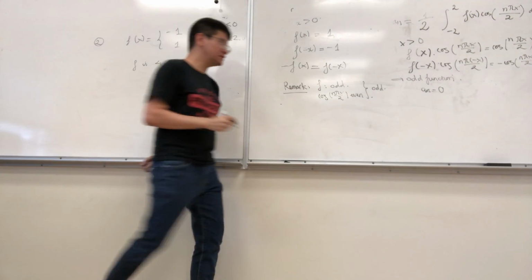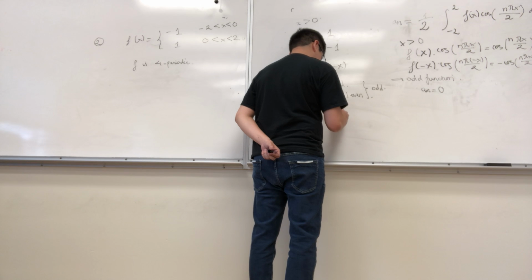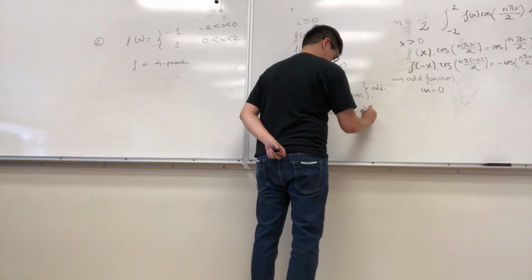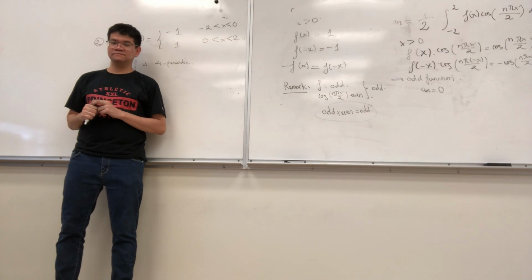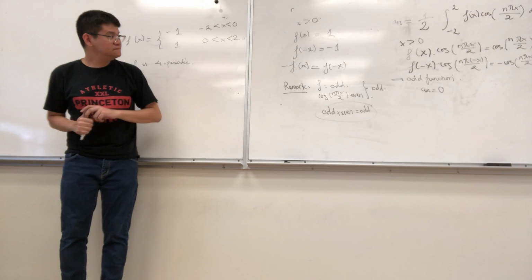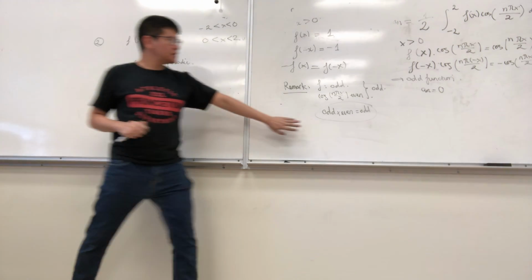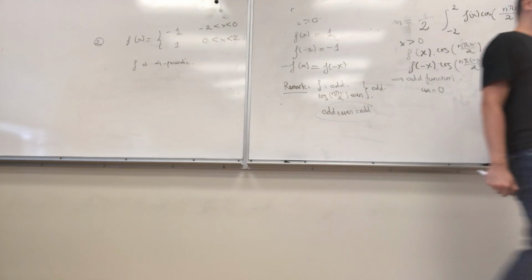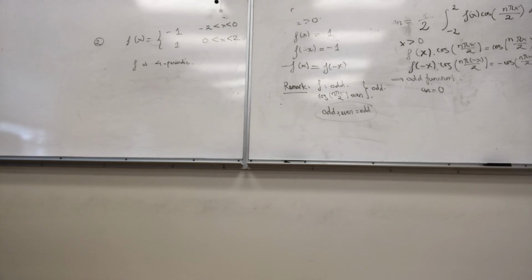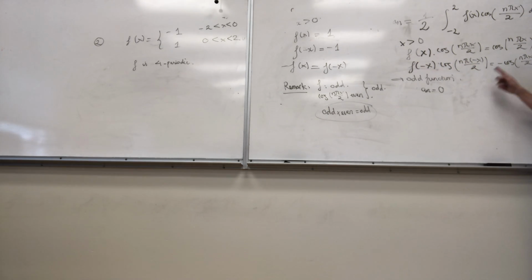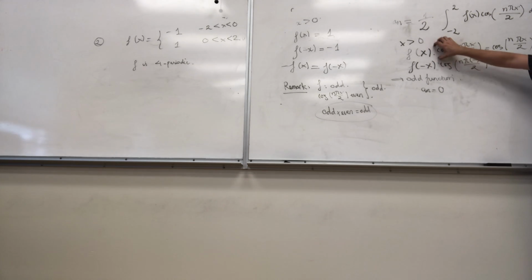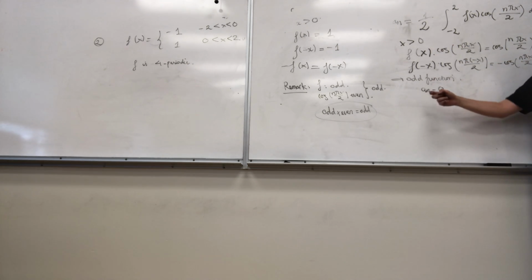Let me explain again. In this case f is an odd function, and cosine is an even function. So f(x) cosine n pi x over 2 is cosine n pi x over 2 when x is positive, because f(x) in this case is 1. f of minus x will be minus 1, so you have minus cosine n pi x over 2. So this is minus of this guy, so this is an odd function, and the integral has to be 0.